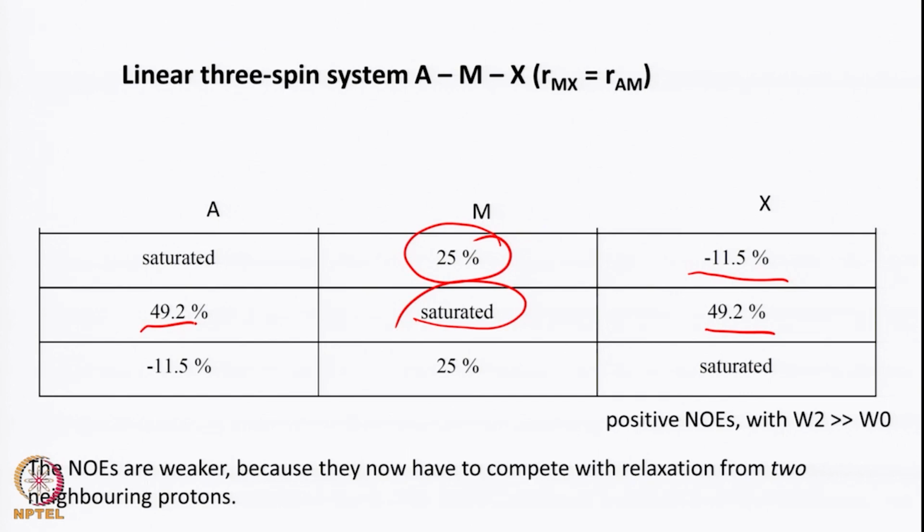However, if we saturate X, now X is located at one side and we saturate here. Now the enhancement will be similar, 25% for M and minus 11.5% for X. So this is a 3 spin system, but now there is a competition of relaxation or redistribution of population between M and X. Therefore, this is the saturation, 25 and 11% for both of these.